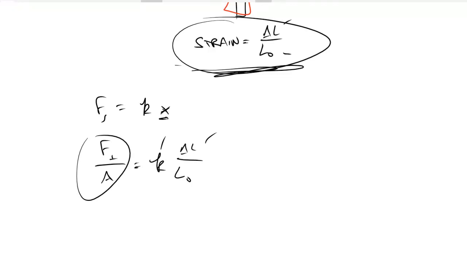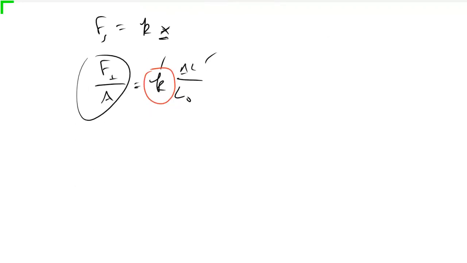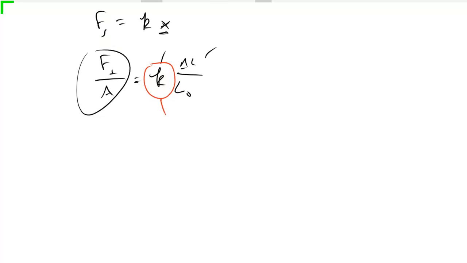Since this is our spring constant, really, we then actually replace this constant with something more general, and we replace this with a Y. So this Y stands for Young's modulus of elasticity.